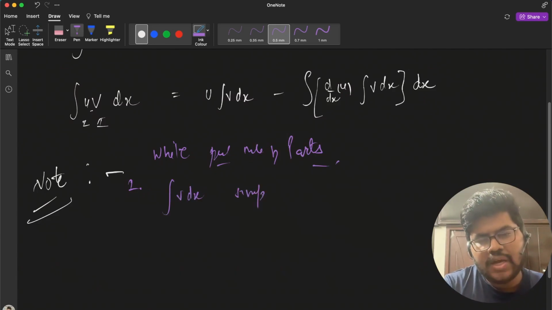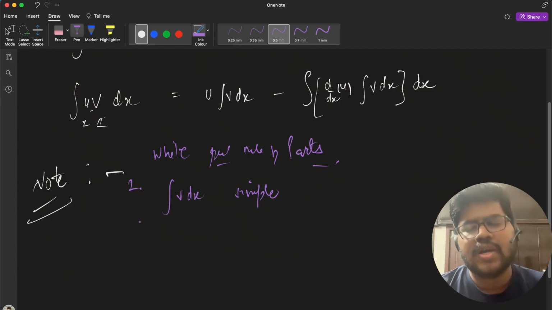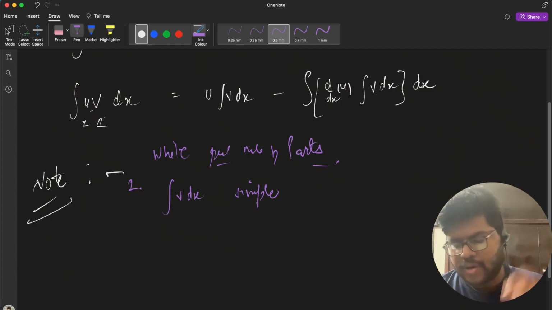So v should be taken, among the two functions, as the function whose integration is very simple to do.